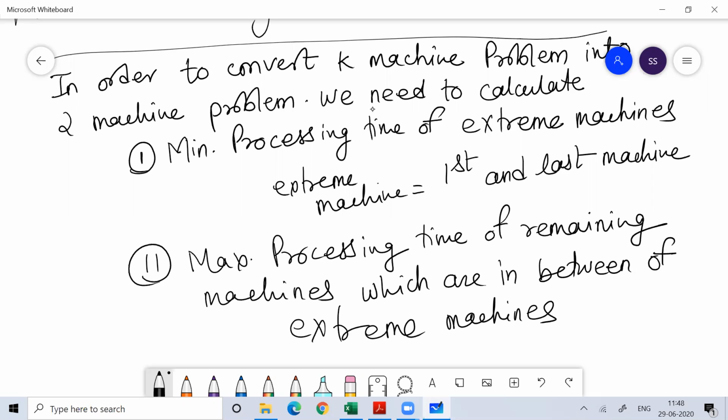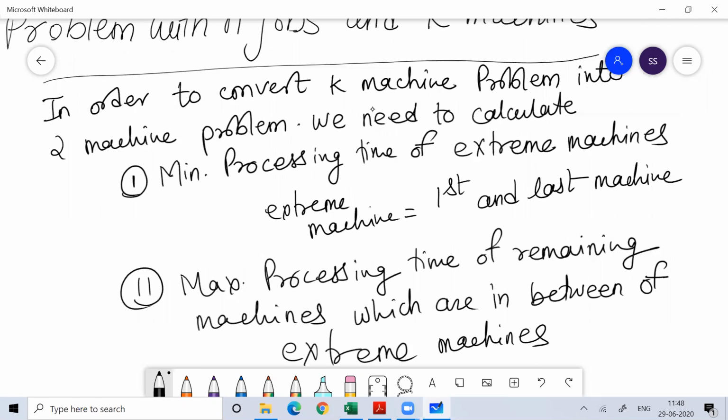In order to convert the k machine problem into a two machine problem, we need to calculate the minimum processing time of the extreme machines. What do you mean by extreme machine? Extreme machine means your first machine and last machine, and that you will compare with the maximum processing time of the remaining machines.